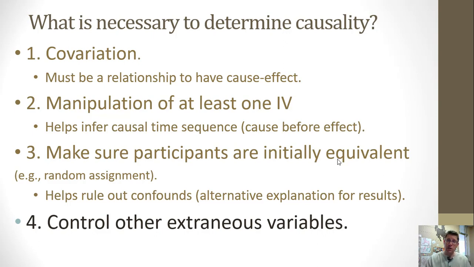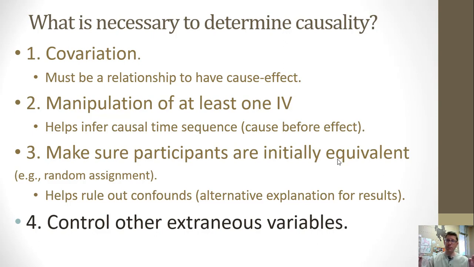Was it the violence in the video clip, or was it because their room was so hot it made them angry, and that anger caused the higher level of aggression? That would be an extraneous variable that I'm not controlling.